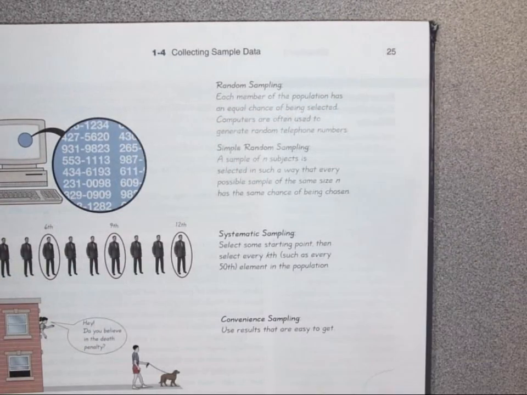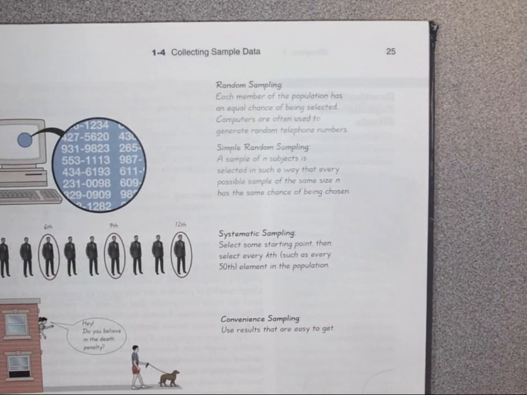Also, if you're doing a convenience sample, just asking from a particular location, like one person in downtown Port Huron sampling people, the data they get is probably not going to be good because it's voluntary response, but also it's not going to be representative of, say, our entire country, if that's what you're actually trying to do. But even if you're trying to get data representative of just Port Huron, it's still not going to be good because you have voluntary response.